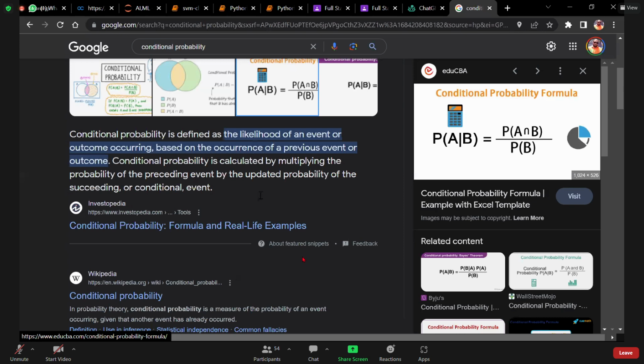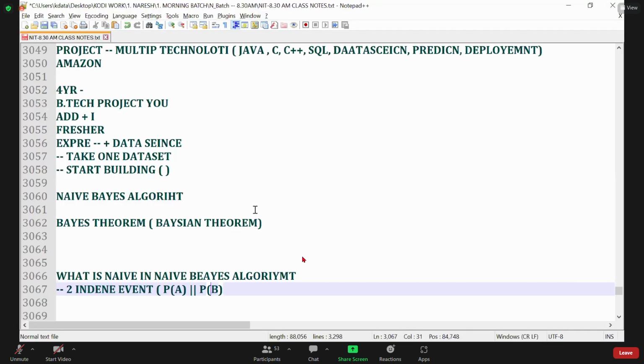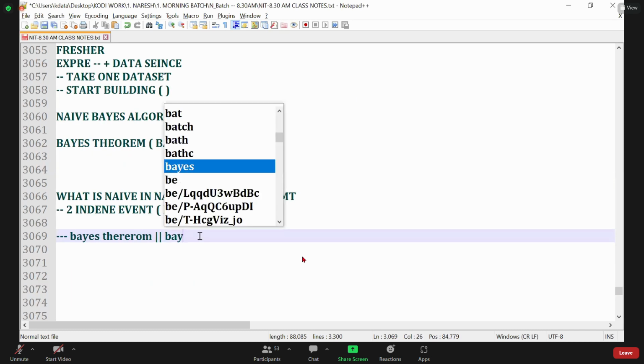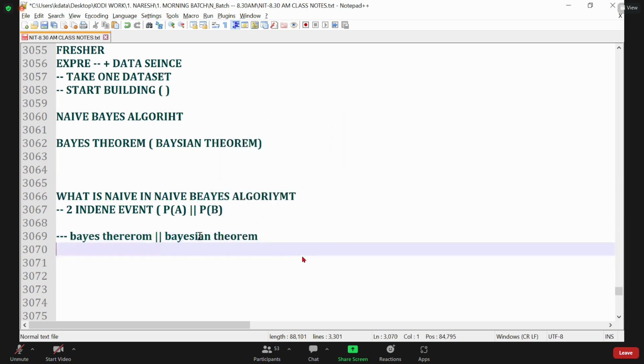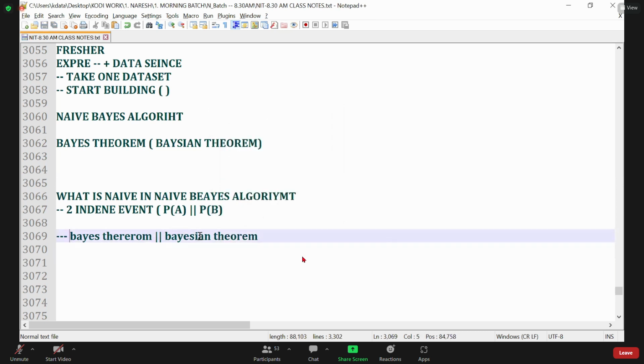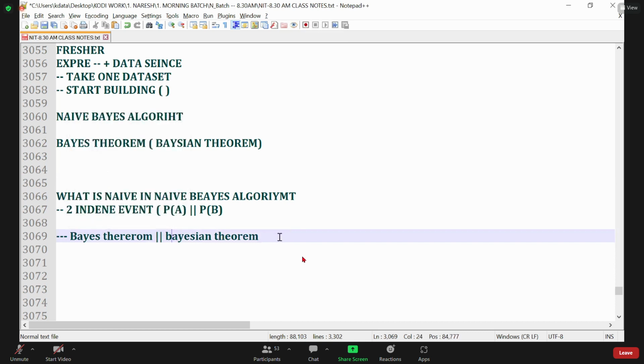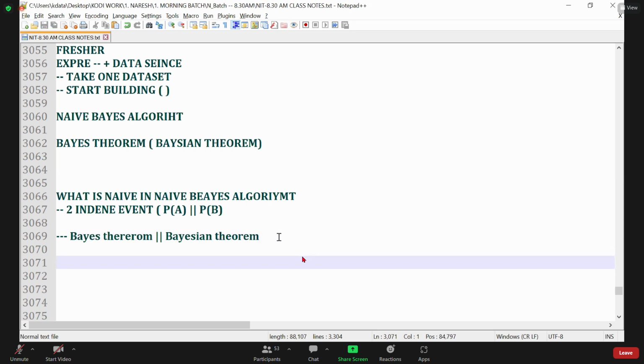The next one, Bayes theorem. Most of them call it the Bayesian theorem. What exactly is this theorem? See guys, I can complete the practical, it doesn't matter, but wherever you learned, they won't explain. So most of my students got placed.